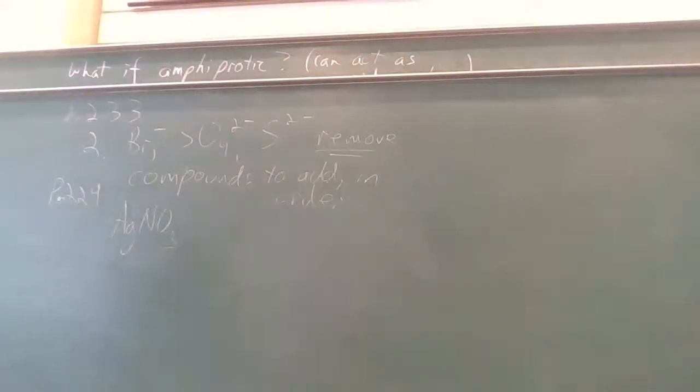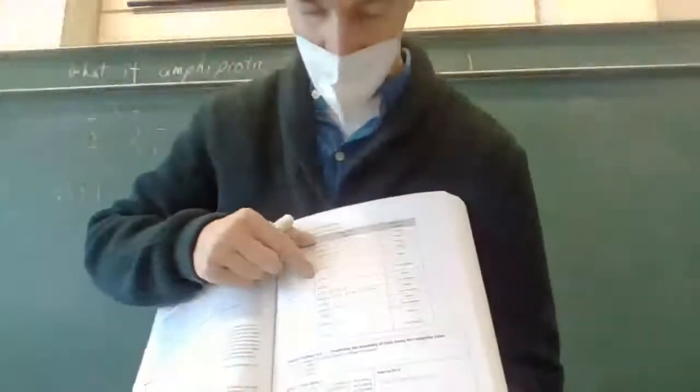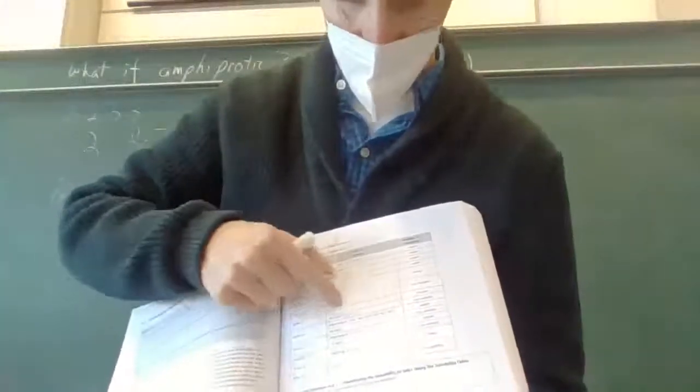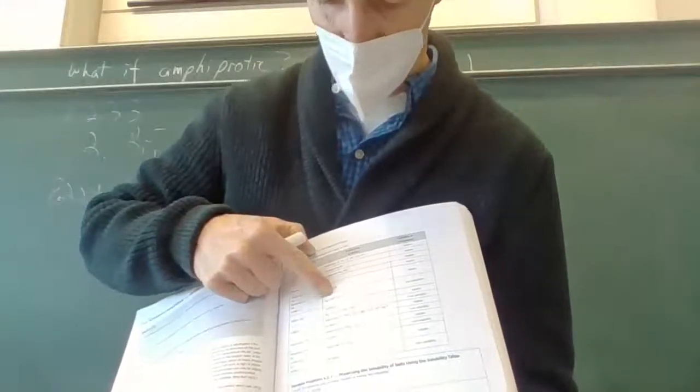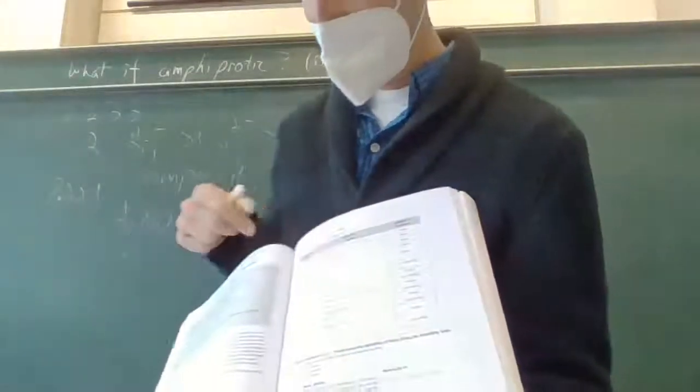So if I look at the chart, and I find Ag plus and bromide, I'm looking at this rule. Here, I'll show this back to Bella as well. In the middle of this chart, I find bromide, and if I had Ag plus, it's going to precipitate it out. So that would definitely work.